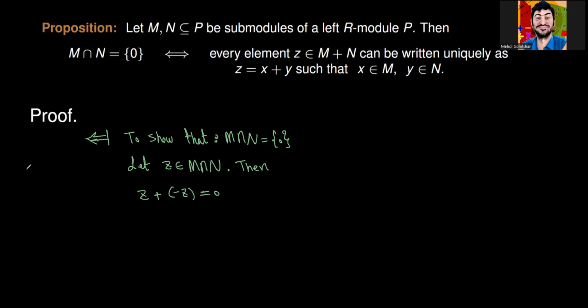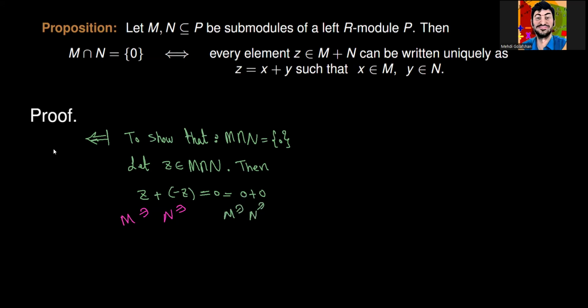Consider Z as an element in M and minus Z as an element in N. You can also write 0 plus 0. But we have uniqueness.